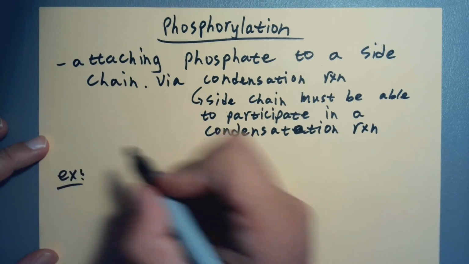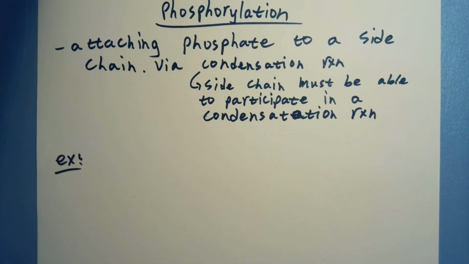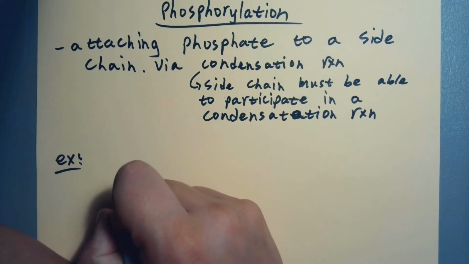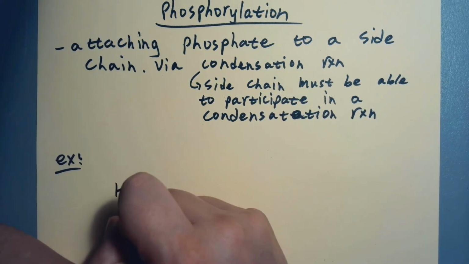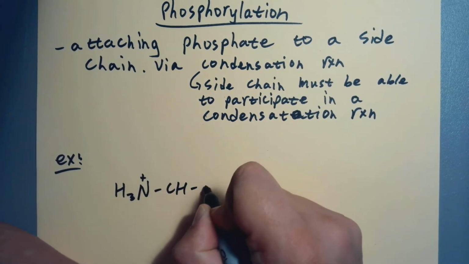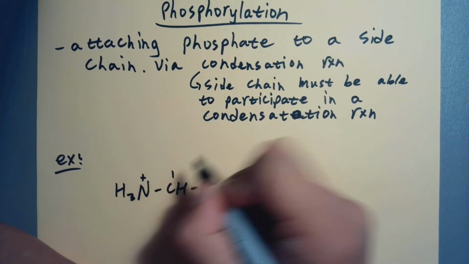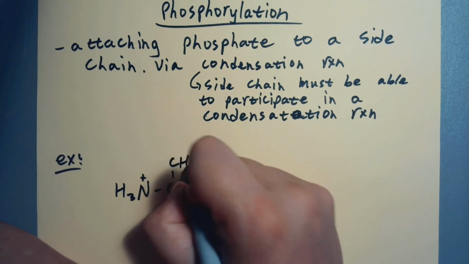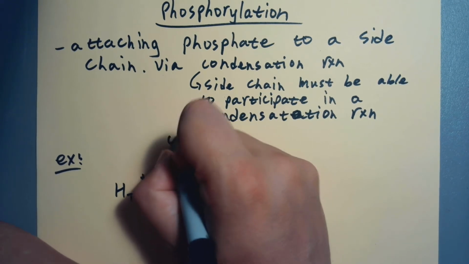For example, let's bring our old friend serine back into the picture here. Where'd serine go? Make sure I draw it right. There it is. So we draw it in the Zwitterion form, and I'm going to get a little more specific here.